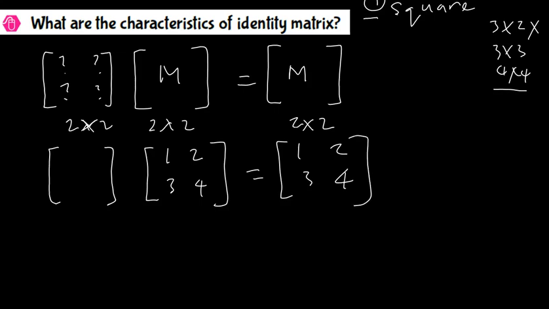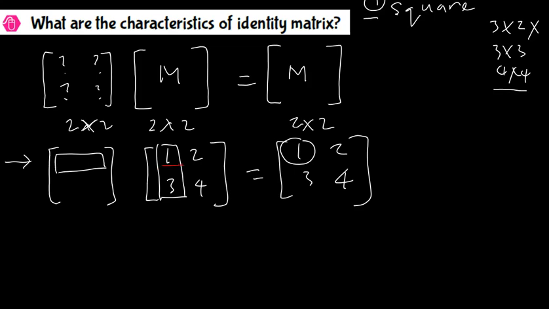Okay, so for you to get this, you know that the first row here will multiply with the first column, you'll get 1. So what do you put here? You get back this 1 here.